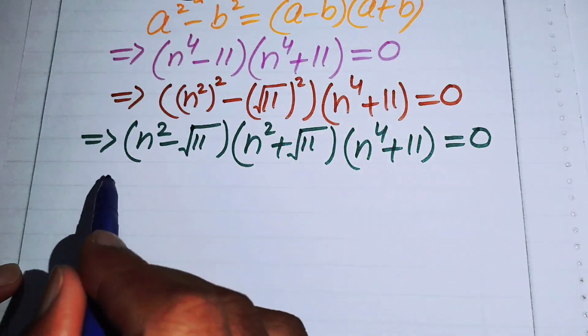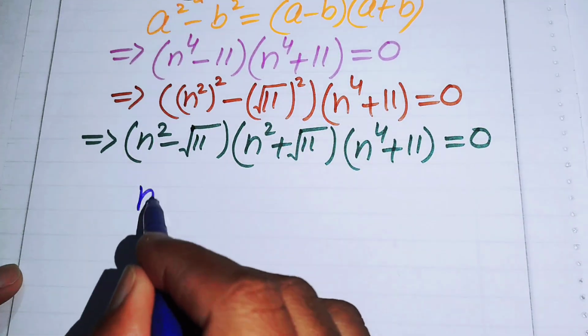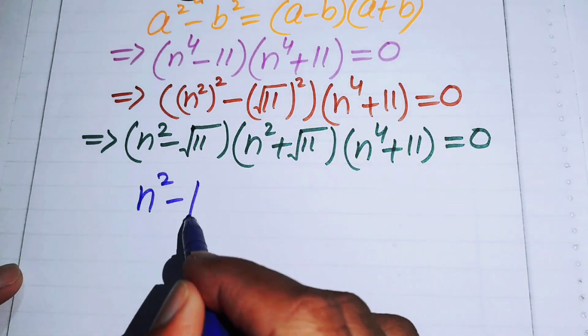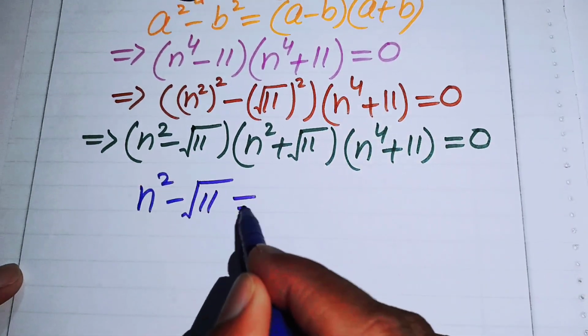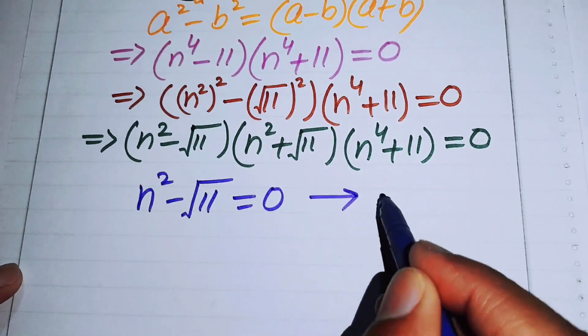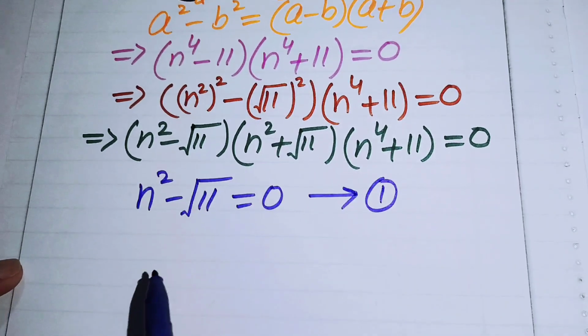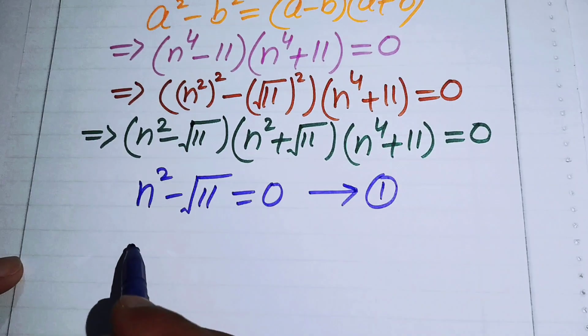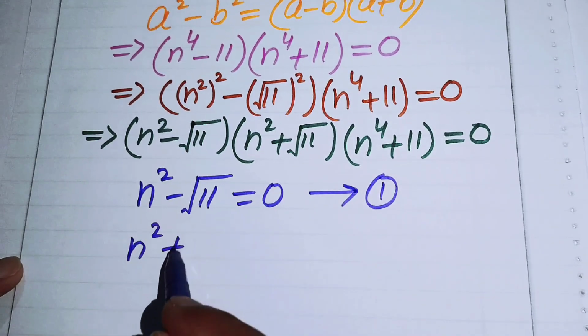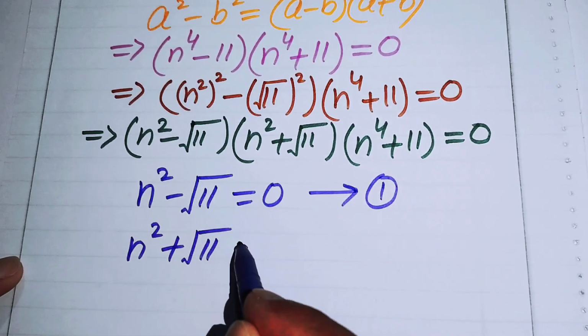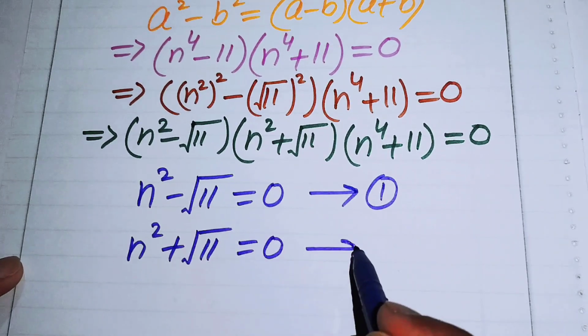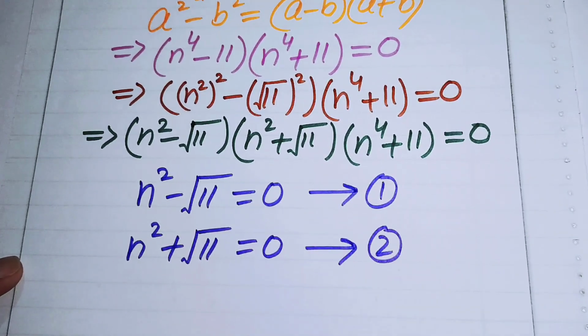Our first case is n squared minus square root of 11 equals 0, and I can name this equation number 1. Our second case will be n squared plus square root of 11 equals 0, and I can name this equation number 2.